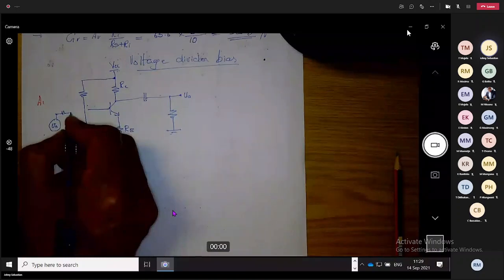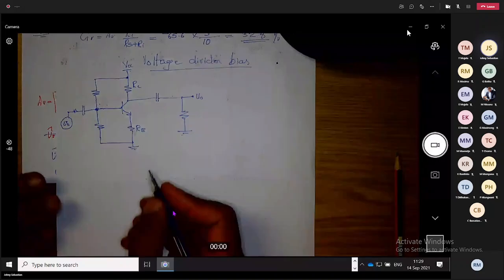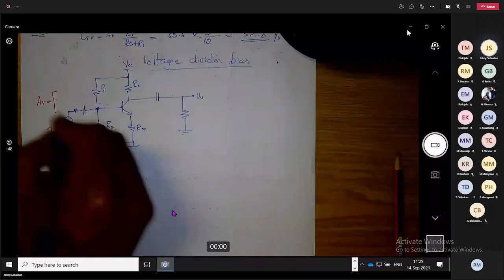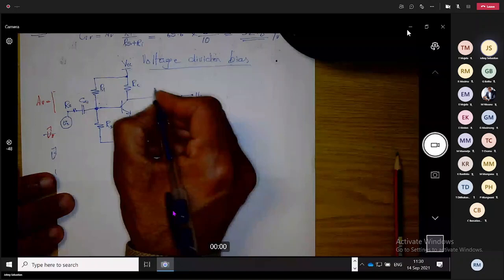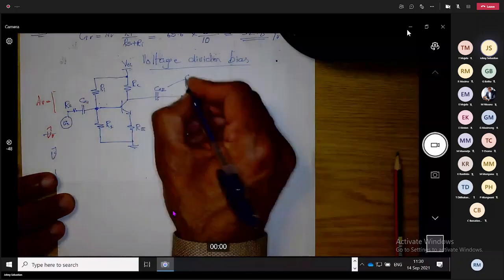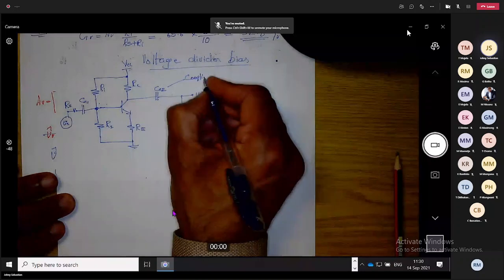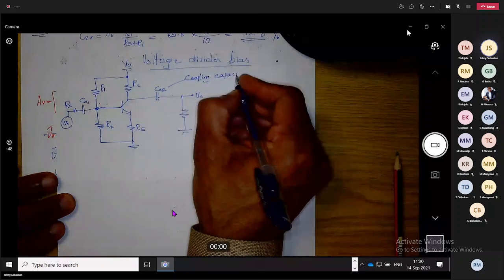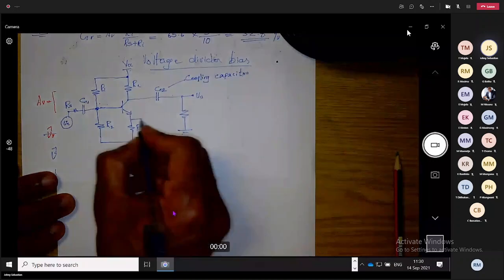RC, RE, R1, R2, R signal, CC1, CC2, CC stands for coupling capacitor. And at the emitter, there is an extra capacitance. We call it CE.